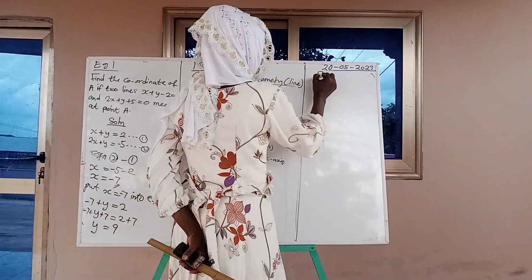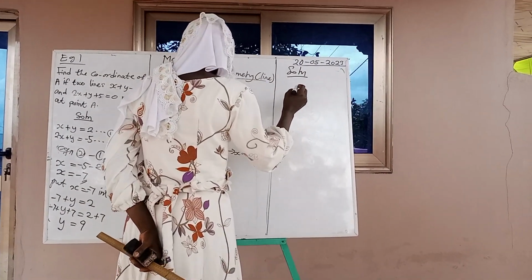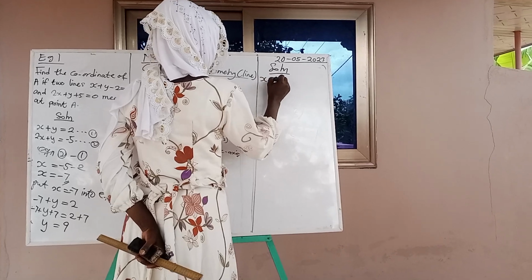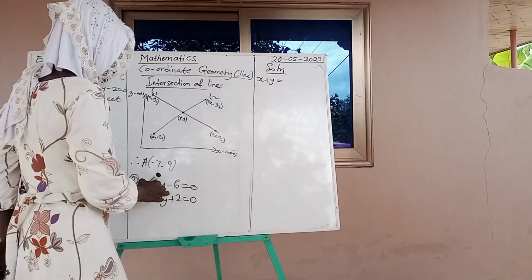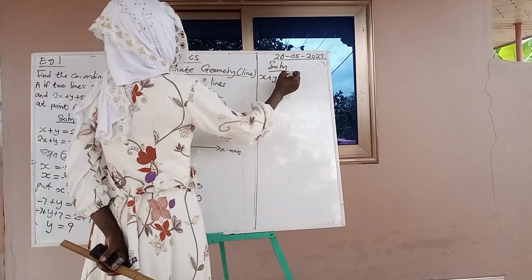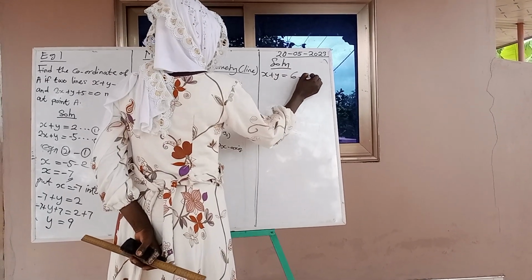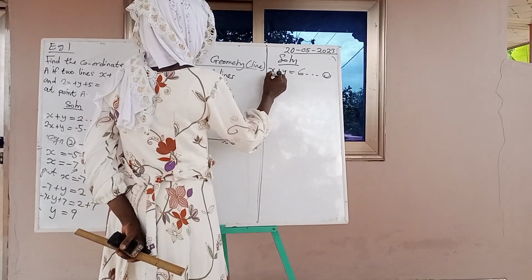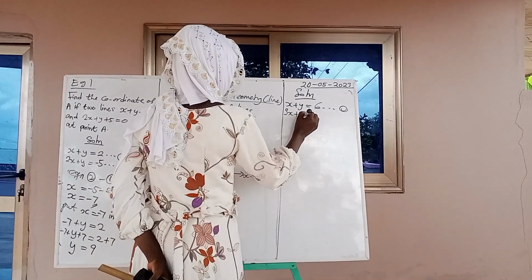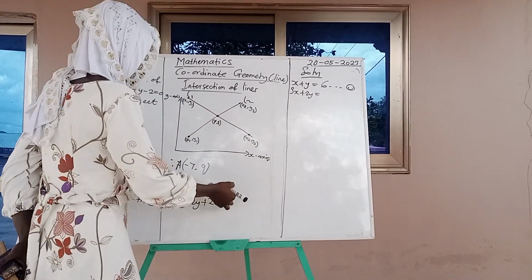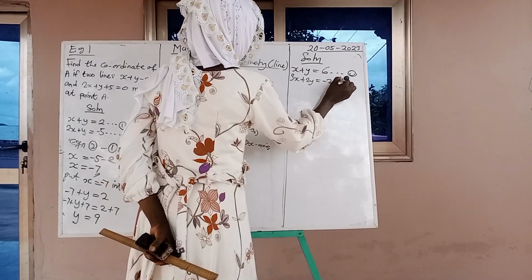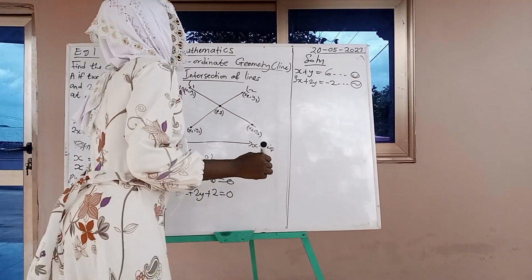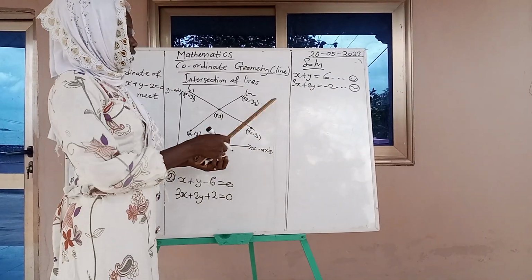So solution. We have x plus y will be equal to, we are bringing the negative 6 to the other side to make it 6. That is equation 1. Then 3x plus 2y will give us negative 2 on the other side. So here, let's use elimination or substitution, whatever.